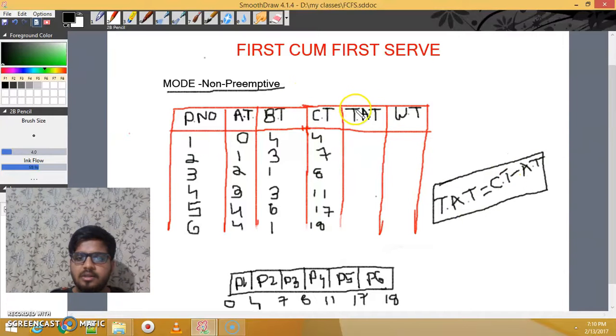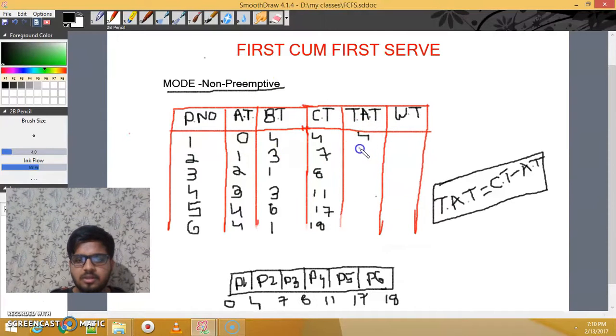This way you calculate the turnaround time. 4 minus 0, that is 4. 7 minus 1, that is 6. 8 minus 2, that is 6. 11 minus 3, that is 8. 17 minus 4, that is 13. 18 minus 4, that is 14.